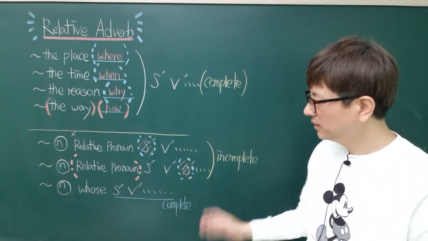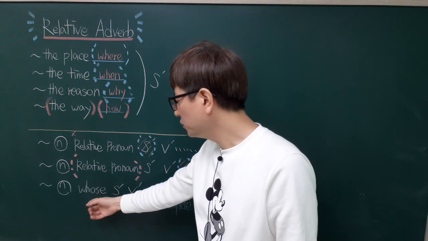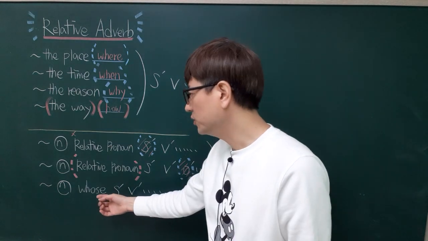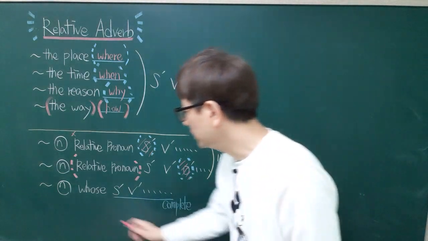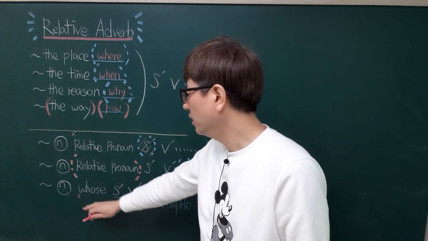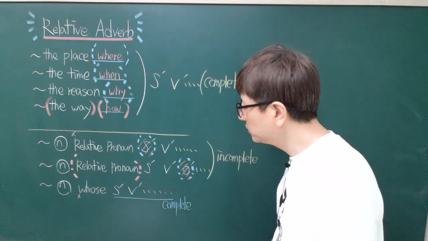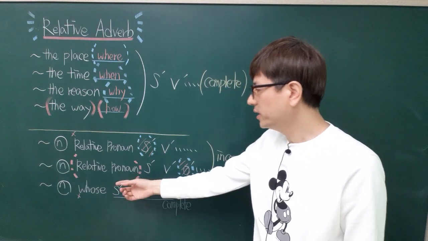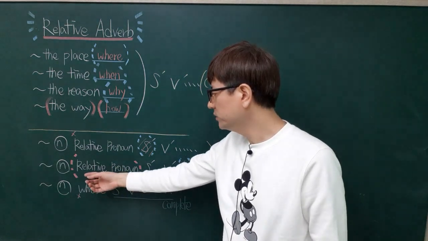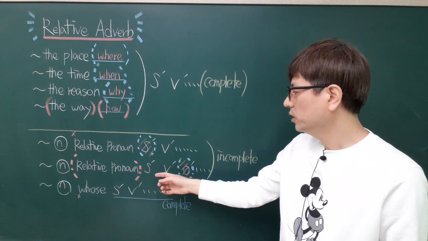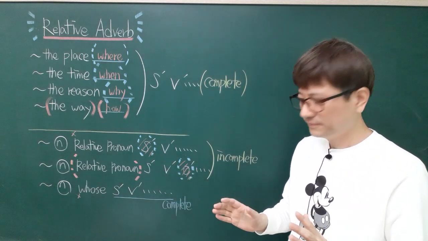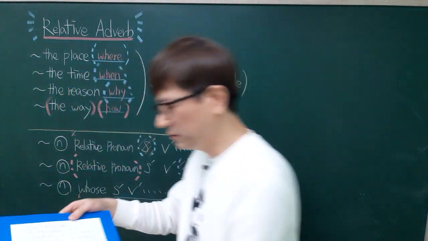You know what I mean? And for the last one, when we have a complete sentence, then we can't omit this whose, so omission is impossible. So impossible, possible, impossible. So we can omit or remove a relative pronoun when we don't have an object in the sentence behind it. Okay?